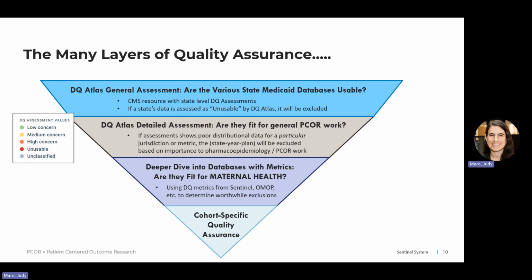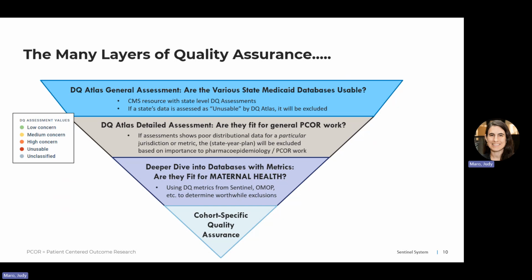After that, we're going to take a detailed look at the remaining data years, particularly their distributional characteristics, and we're going to characterize that data because we want to understand if any given state or jurisdiction plus year plus plan is of suitable quality to be included in pharmacoepidemiology or P-core work.